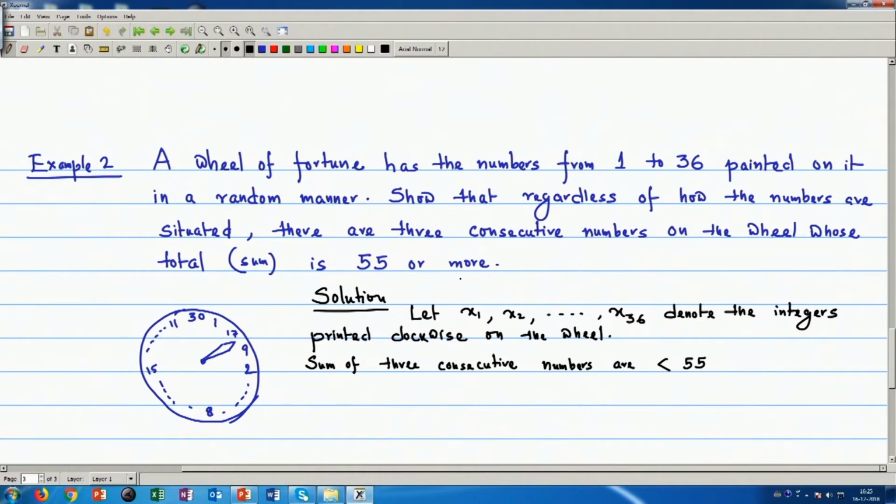If the statement to be proved is false, then for all numbers, the sum of 3 consecutive numbers is less than 55.